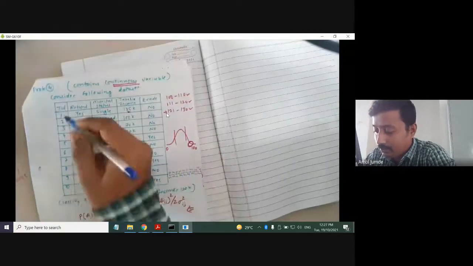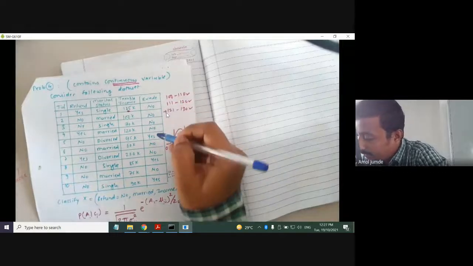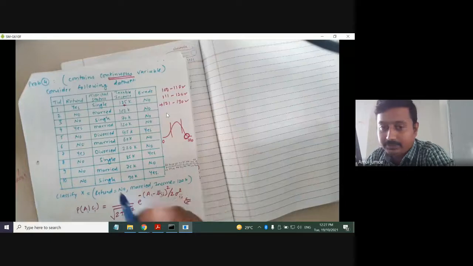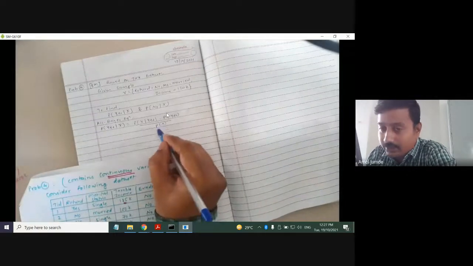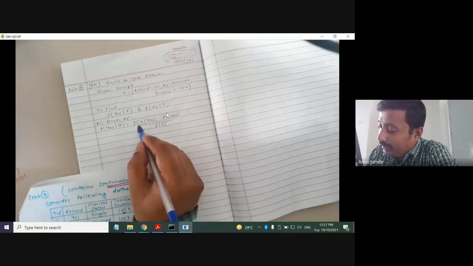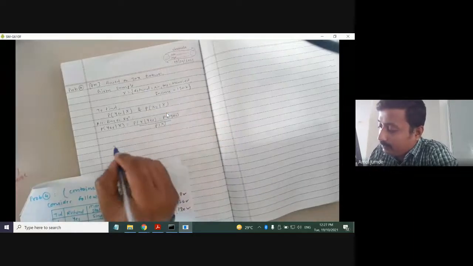We have a total of 10 samples given. Out of 10, how many are yes? 1, 2, 3. So the probability of the yes class is 3 by 10. There is no need to find the denominator because it is repeated in both terms. And X is made up of these three attributes, so let us split that.